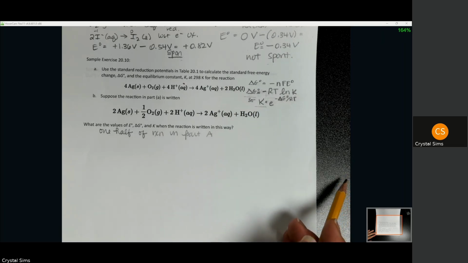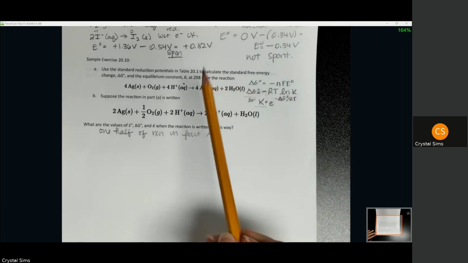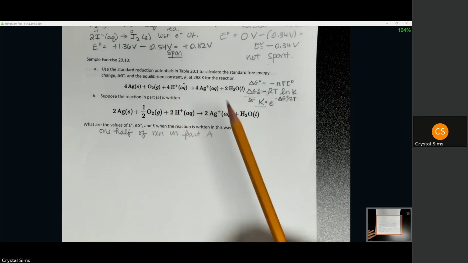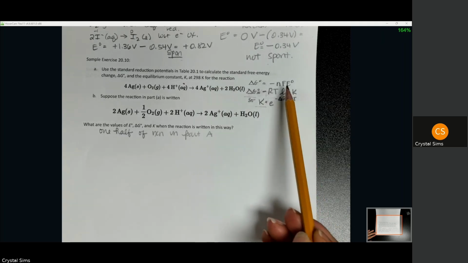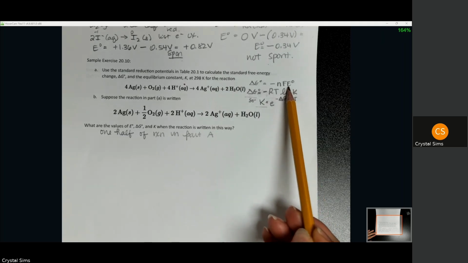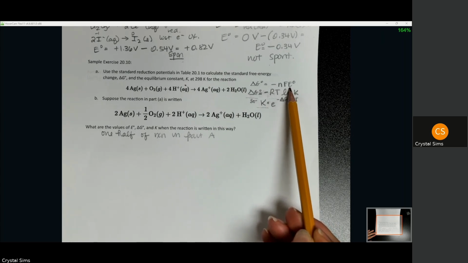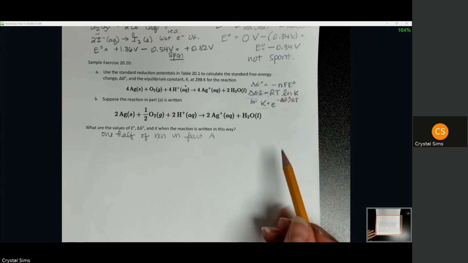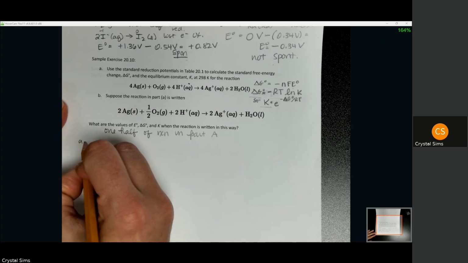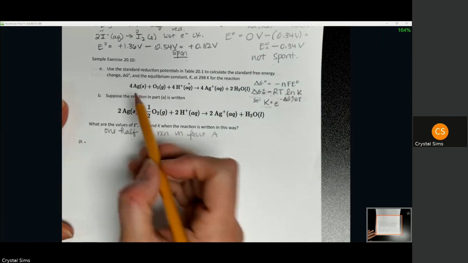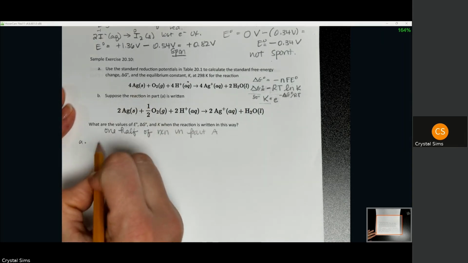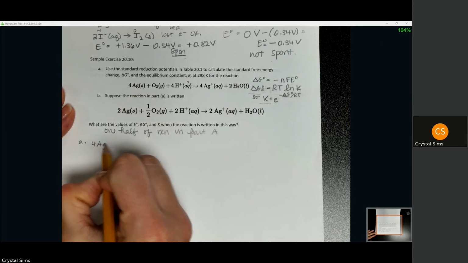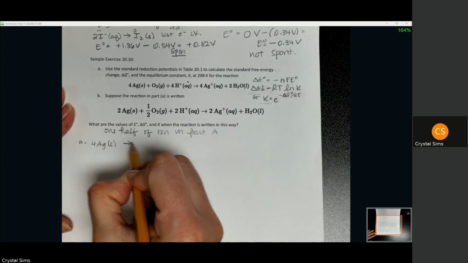So we're going to have to do several formulas here to figure all of this out. So the first thing we have to do, for part A, is figure out what our reduction potential values are, because we need that in this first equation that's listed up here. So I'm going to start working here with A, and I need to figure out what's being oxidized and what's being reduced. So I'm going to write my half reactions.